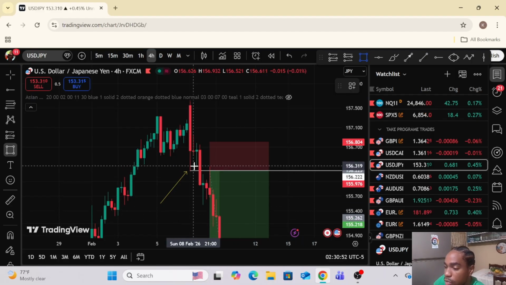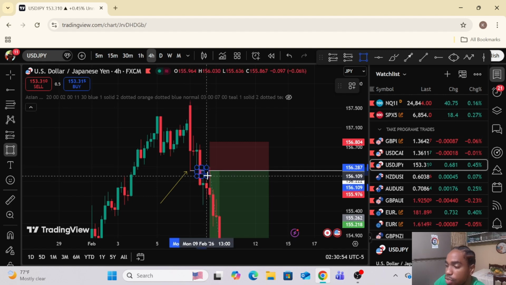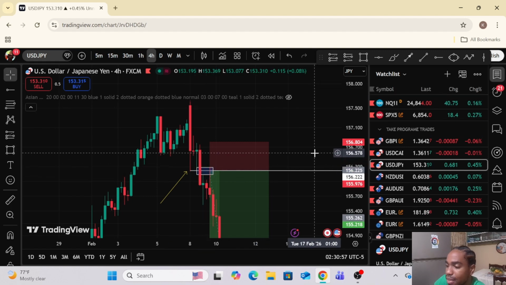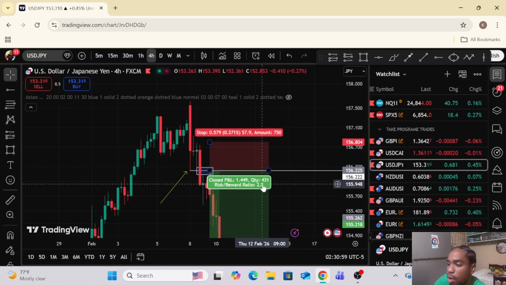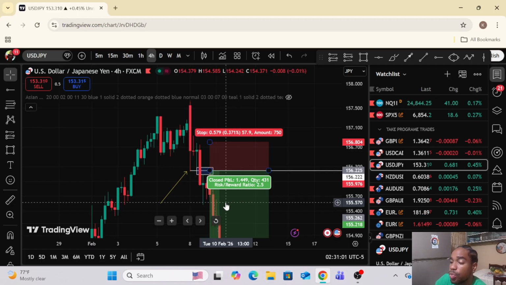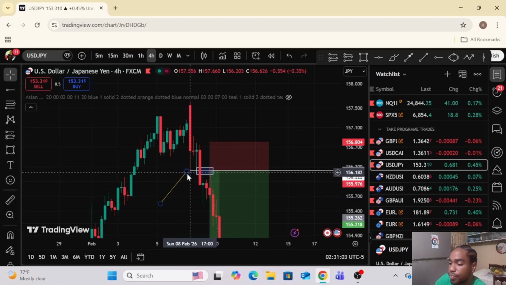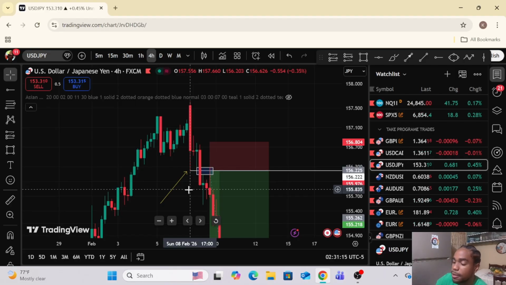So I located a 4 hour zone right here. It's clear as day, a 4 hour fair value gap, overlapping with the low, with the sweep we had on the Sunday. Sorry, again, excuse my sinus.